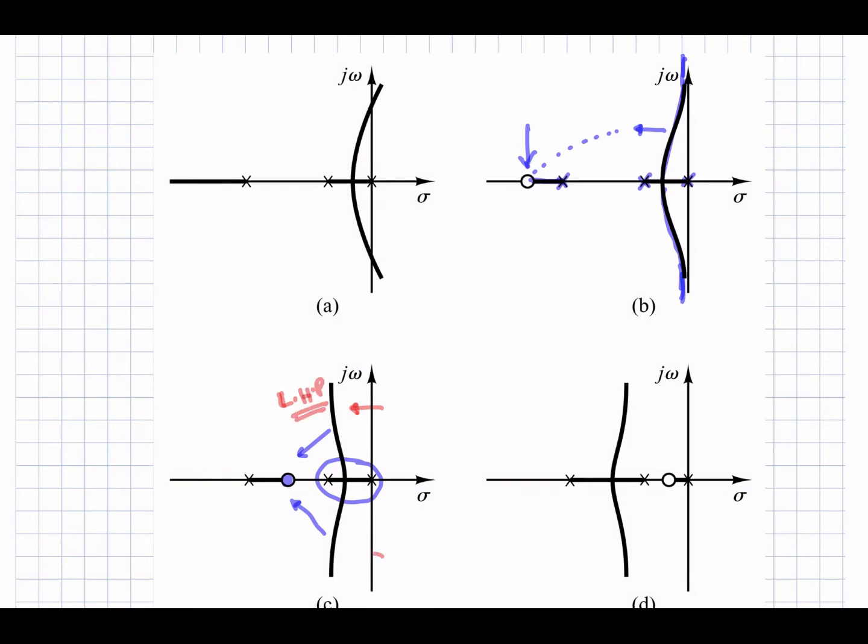Your system is going to become more stable, rather completely stable in this case, because there is no j omega crossover. And if I introduce the zero over here, the breakaway point of the root locus from the real axis will be shifted over here, and your root locus is shifted further towards the left half plane. So by the introduction of a zero, our root locus shifts towards the left, and our system stability improves, right?